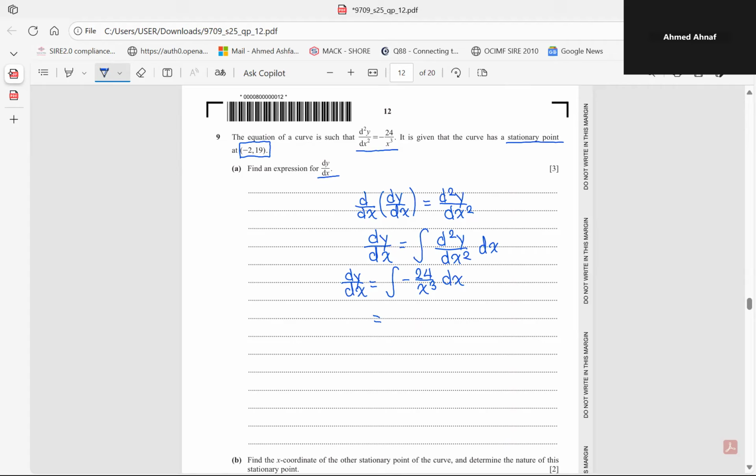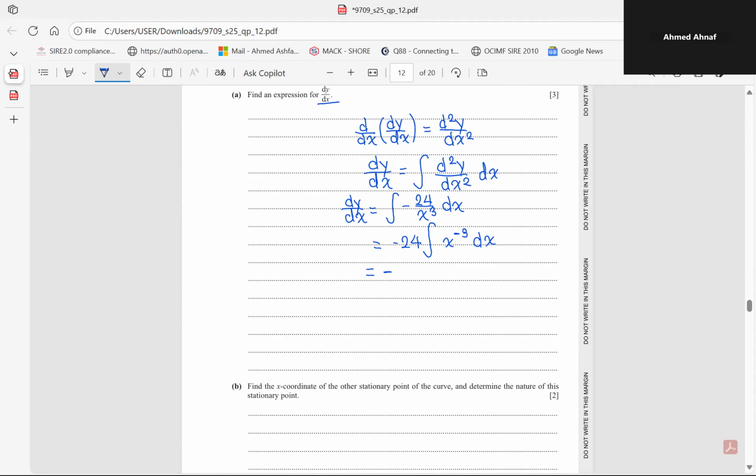And then now we're going to take out minus 24 because it's a constant. Now we'll have to only integrate 1 over x cubed, which can also be written as x to the power of -3 dx.